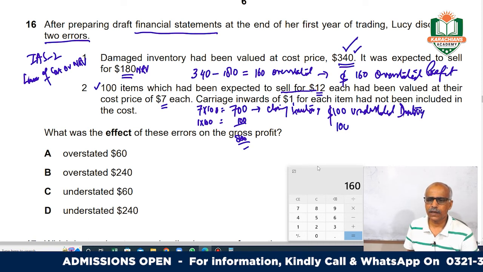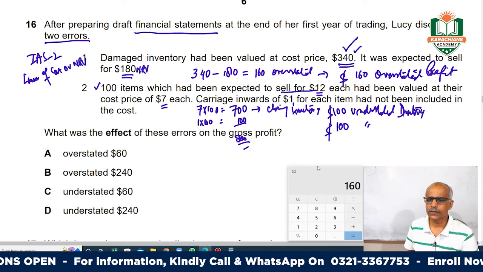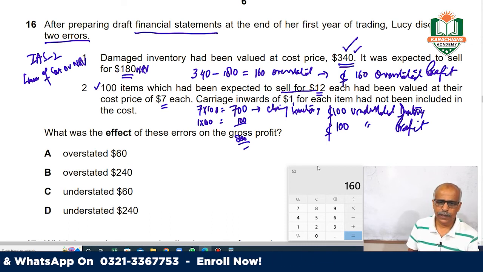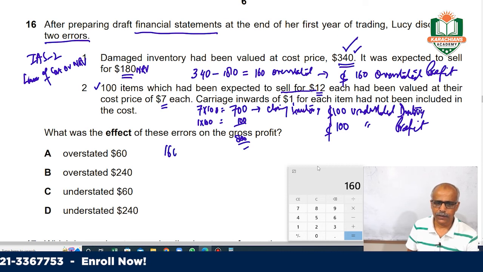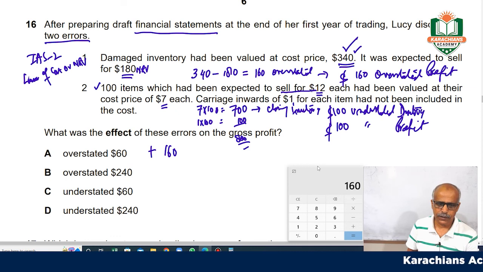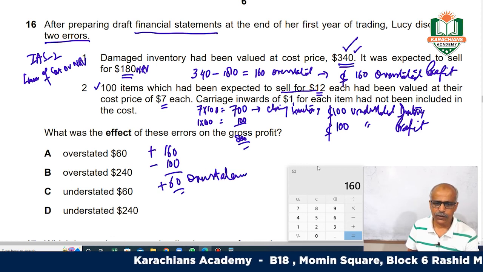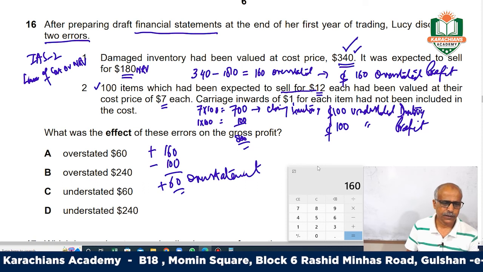It means you understated your profit by $100. So here you overstated the profit by 160. Here you understated the profit by 100. The net overstatement is 60.